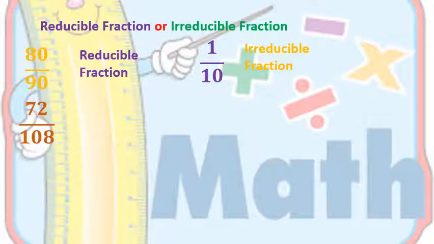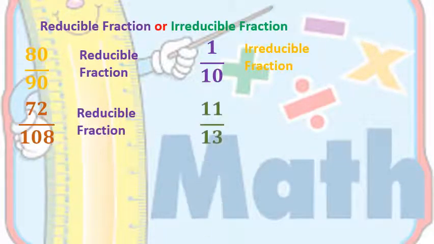How about this fraction over here? 72 ends with a 2, 108 ends with an 8. This means I can simplify by 2. So this is a reducible fraction. Now let's take this one, 11 out of 13. Over here I have two prime numbers. 11 is a prime number, 13 is a prime number.